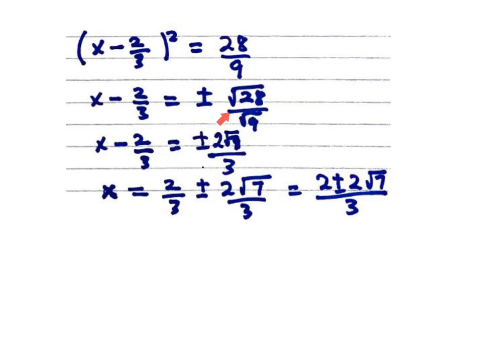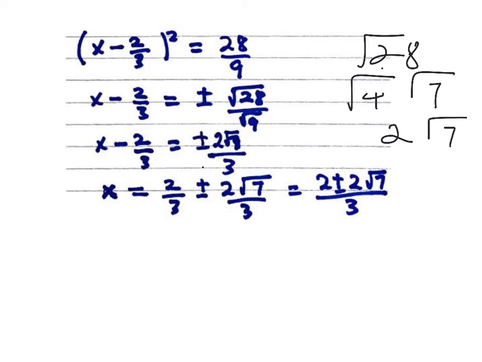If you are wondering how that is done, the square root of 28 is really the square root of 4 times the square root of 7, which is 2 root 7. That's how we got that 2 root 7 over there.